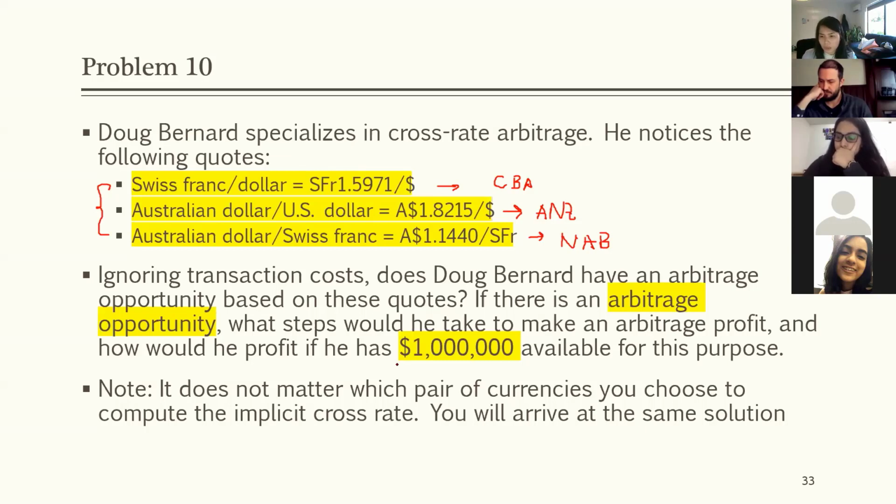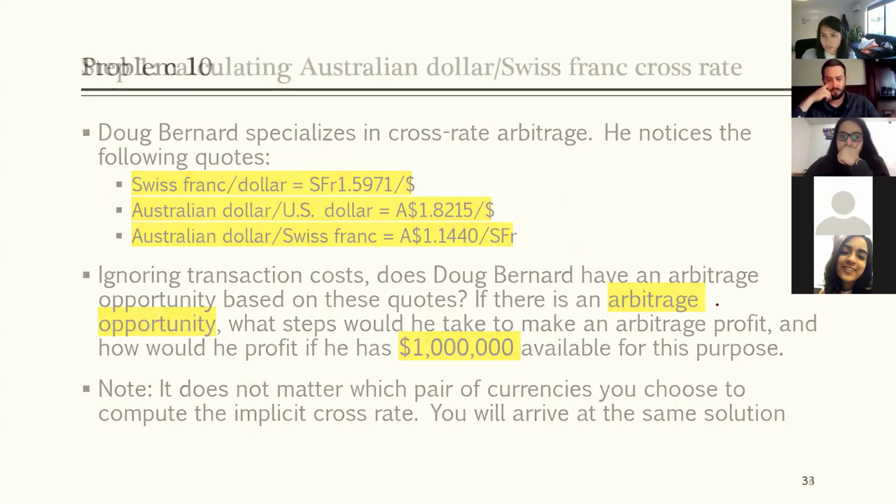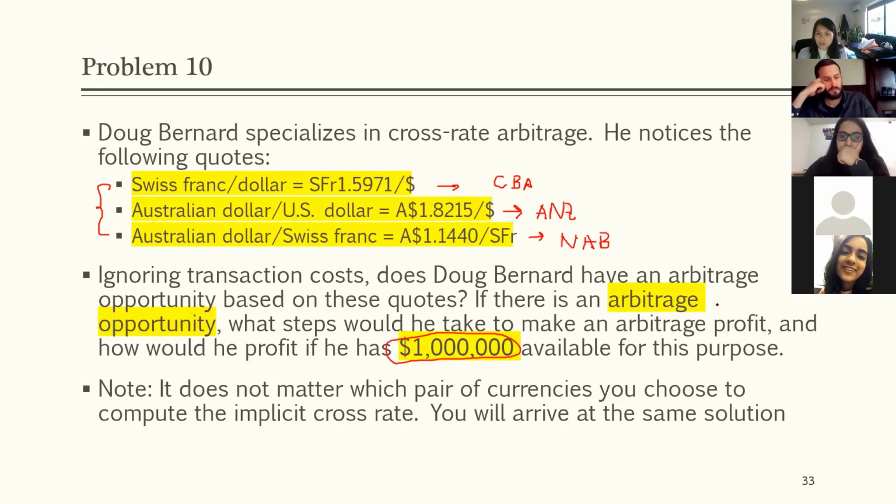Suppose that we start with $1 million USD. For a cross-rate arbitrage calculation, the first thing you want to do is check for mispricing. Let's suppose we have three different currencies here.